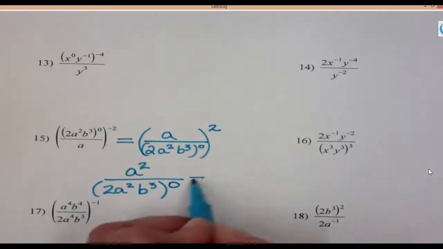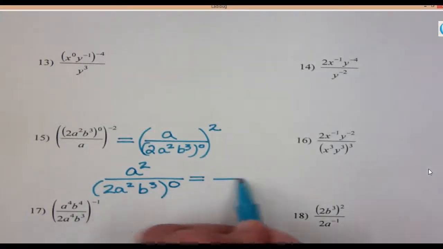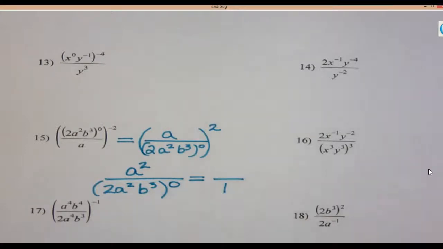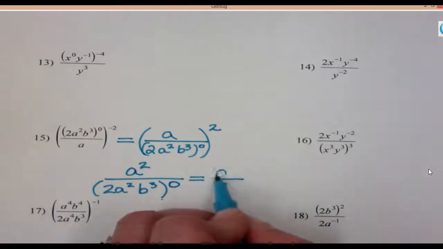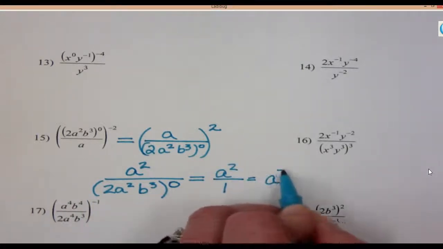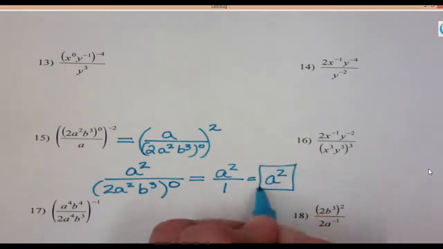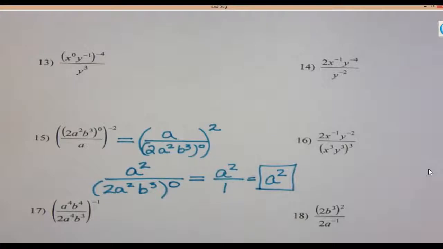And now we get to use the 0 property. Anything raised to the 0 power is going to be 1. That whole mess turns out to be 1. And I'm left with a squared. And we know that a squared over 1 is a squared. Yay! Done. Okay.